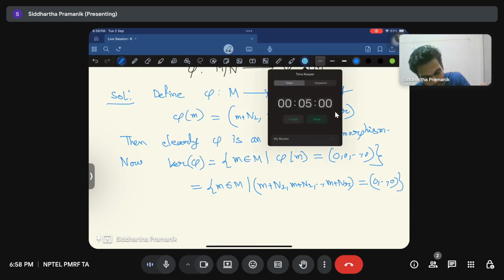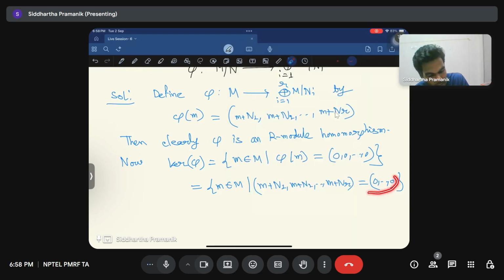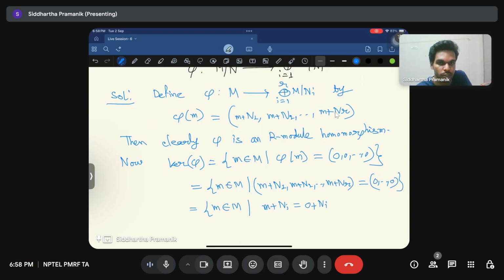So here the 0 means 0 in these quotient modules. So this is the same as all those elements m of M such that m plus Ni is the same as 0 plus Ni, for 1 less than or equal to i less than or equal to r.